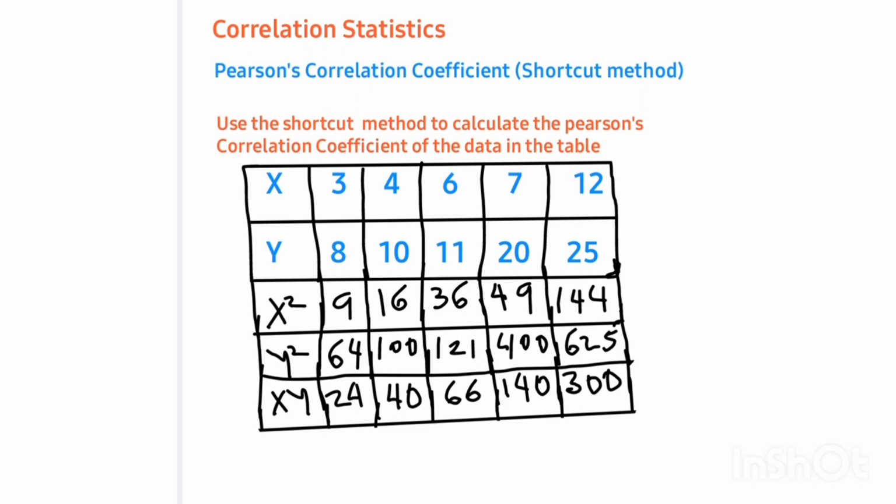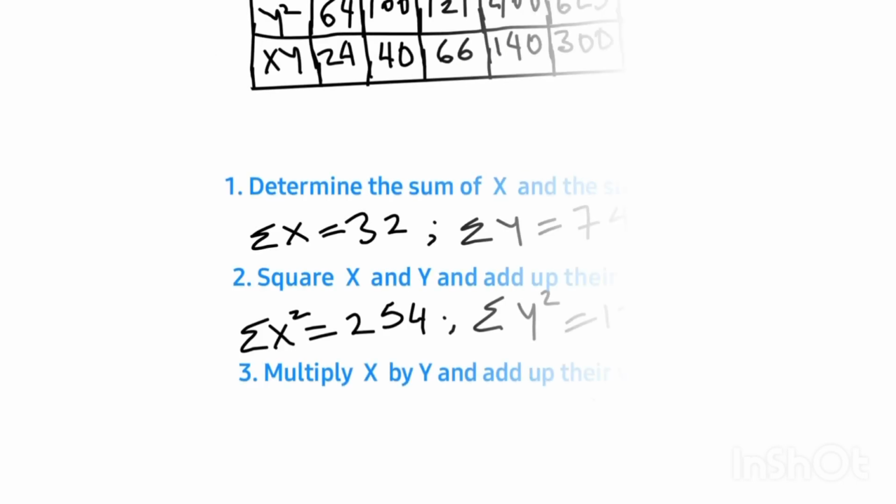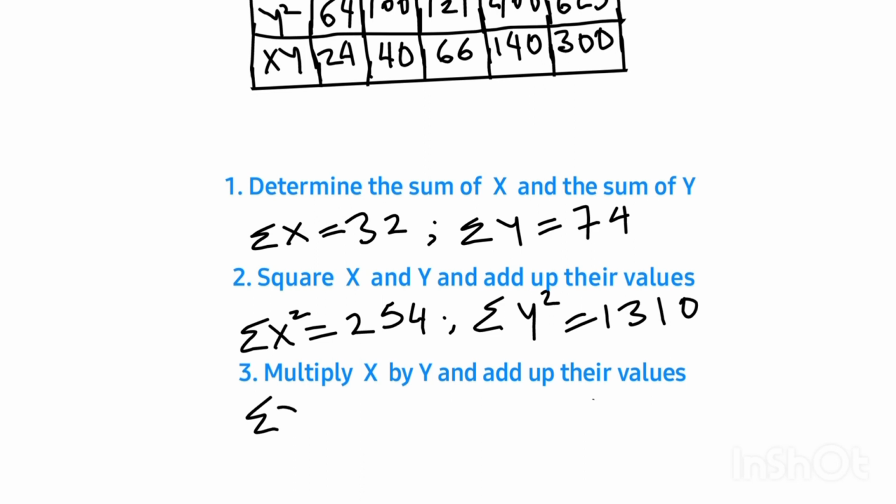And so remember, we're expected to add up all the values of XY. And here we go, 24 plus 40 plus 66 plus 140 plus 300, 570. And we record that now. Summation XY equal 570.